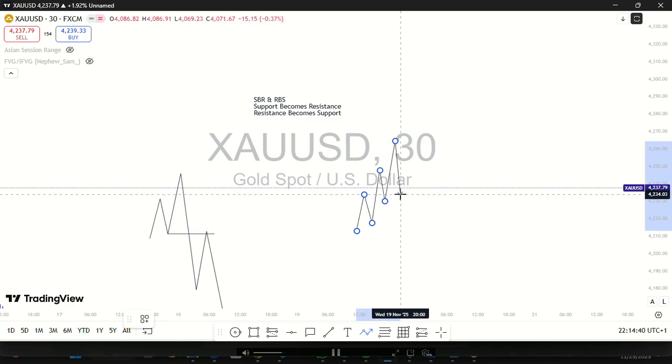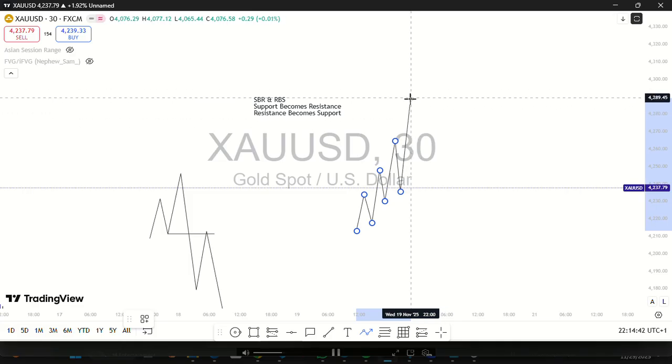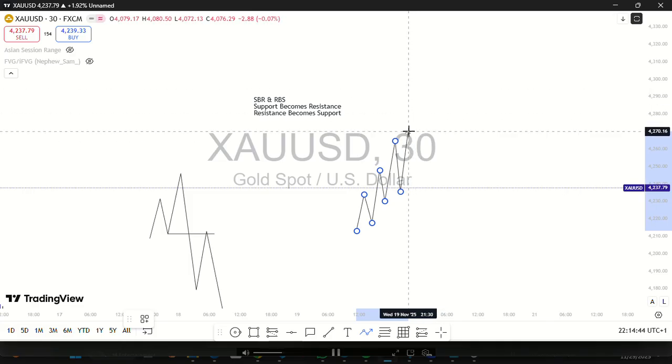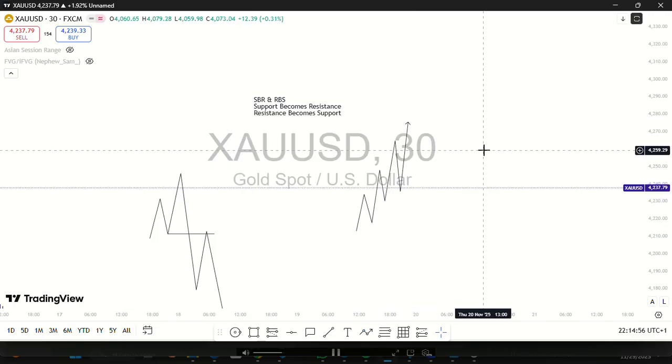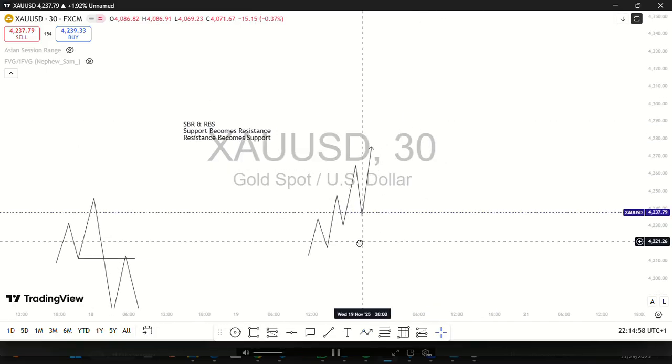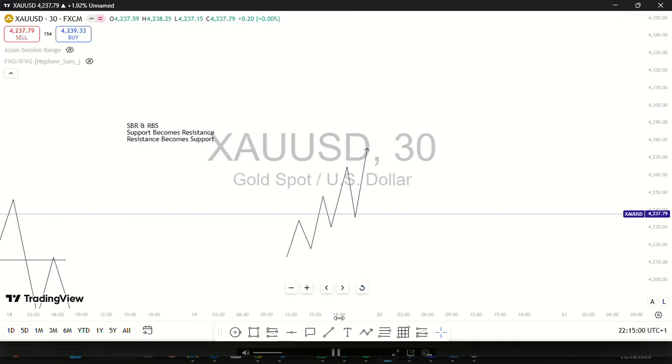We're expecting the support levels to hold, or the demand levels to hold, if we're saying that. So let me explain this now. If we have something like this, hope you guys can see the screen properly, you can see price is bullish.